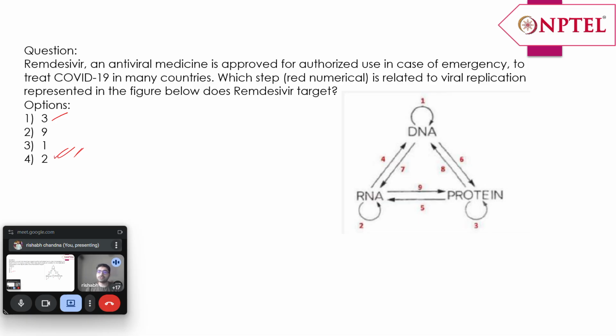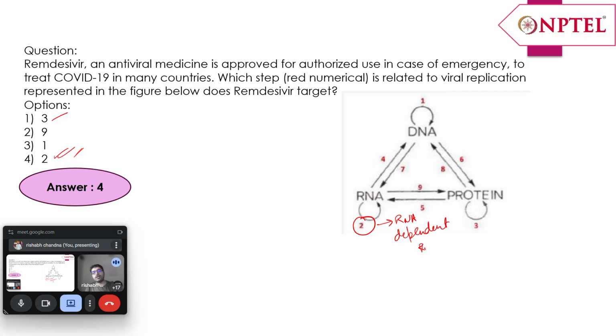So the correct answer is option 4. That means it affects the second step, or the RNA dependent RNA polymerase. So what is remdesivir actually? It is an analog for thiamine.